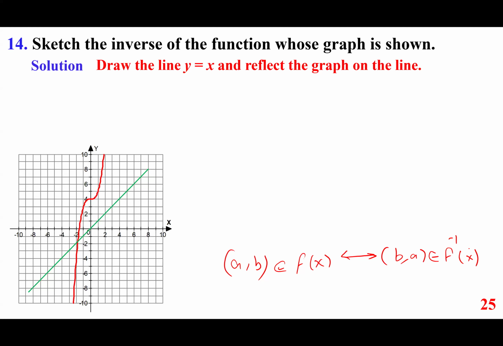Therefore, let's pick a few easy pairs. As we look at this point, it's easy to read negative 2 comma negative 4, and it's on the graph of the red line, the red function, or f of x.